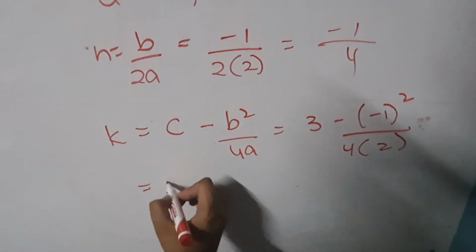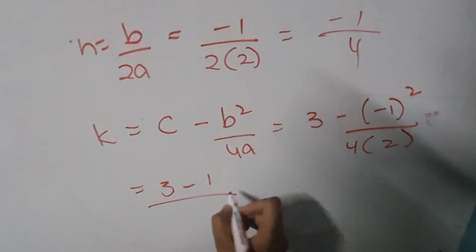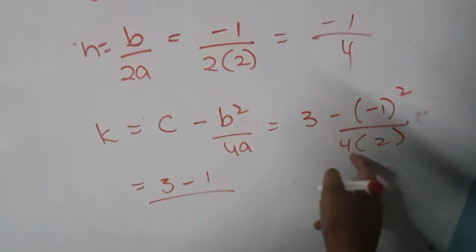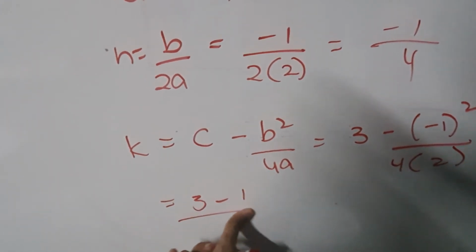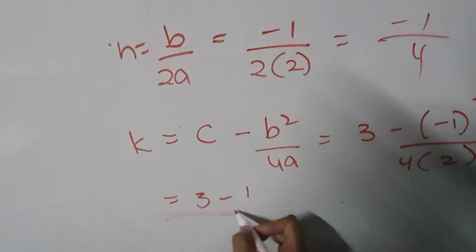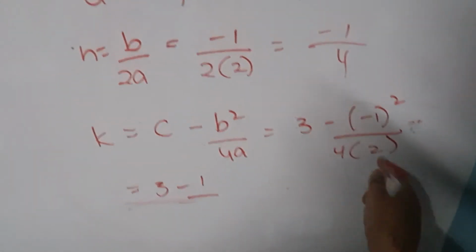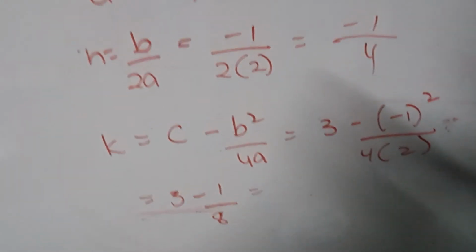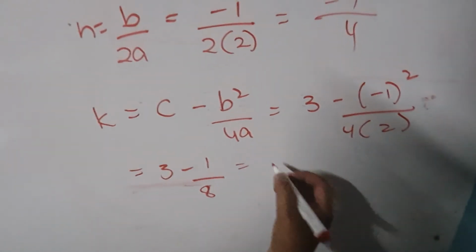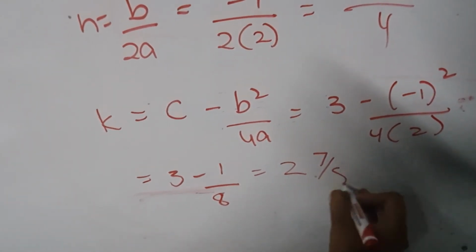So I'm going to get 3 take away -1 squared, which is 1, over 4 2s. I think I made a mistake here. This line is just supposed to be here. Right, 4 2s are 8. So it's 3 take away 1/8, which is going to give us 2 and 7 over 8.